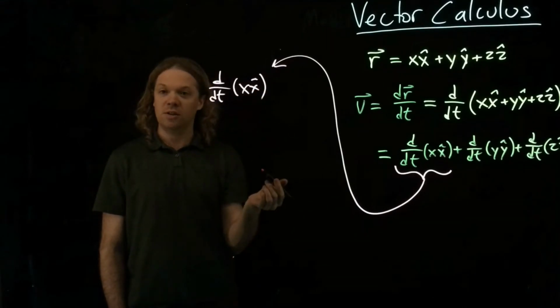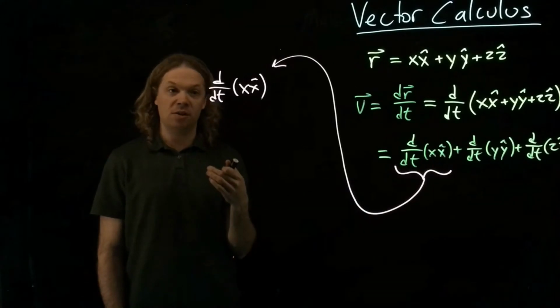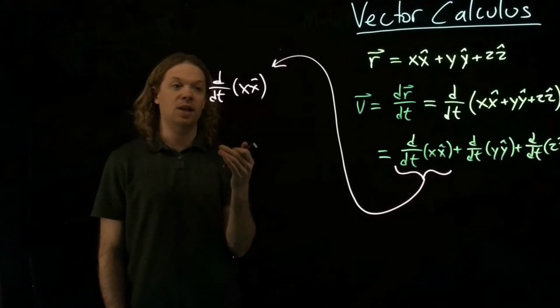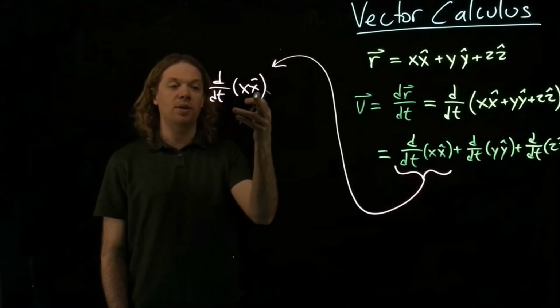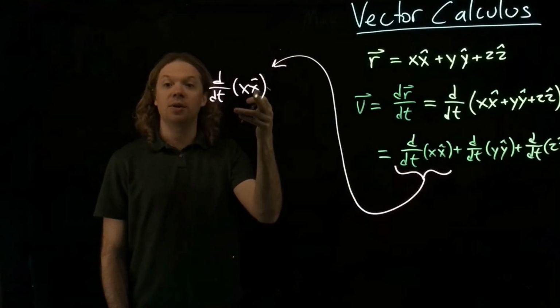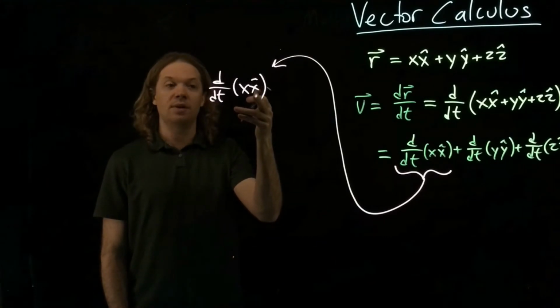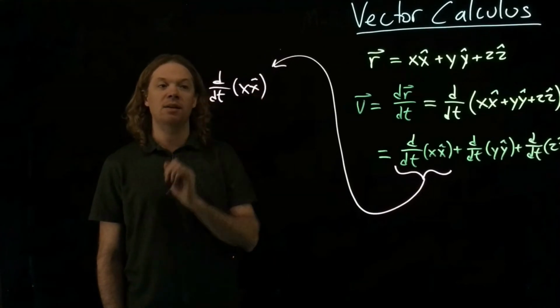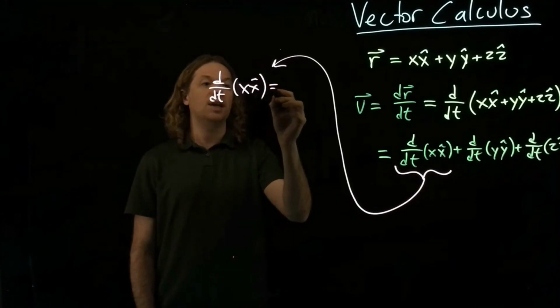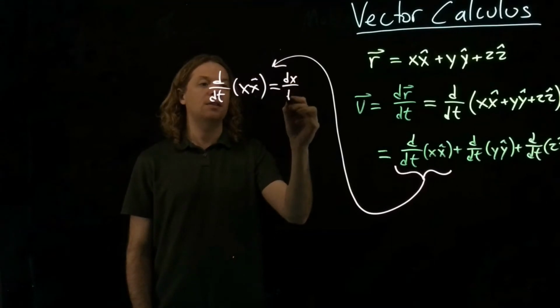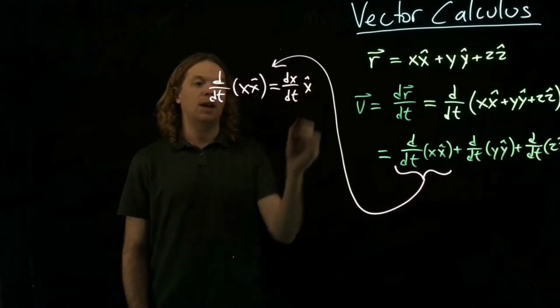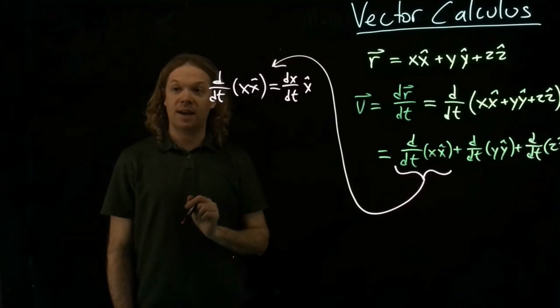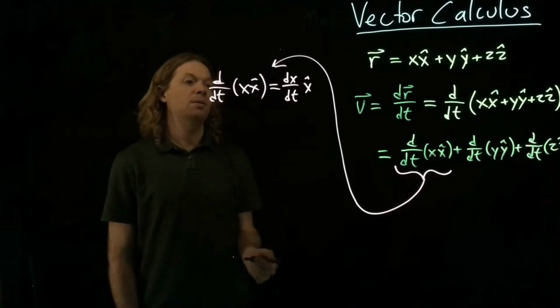Although the position of an object might be changing as a function of time, the x position of an object, the unit vector is always pointed along the x direction and always has length 1. It always has a magnitude 1. It never changes in time. So x hat is independent of t. And we simply get dx/dt times x hat, because the time derivative of x hat is 0. It's constant. So we just get that.